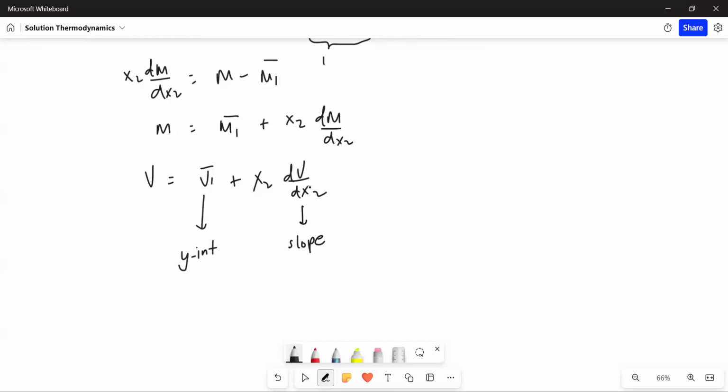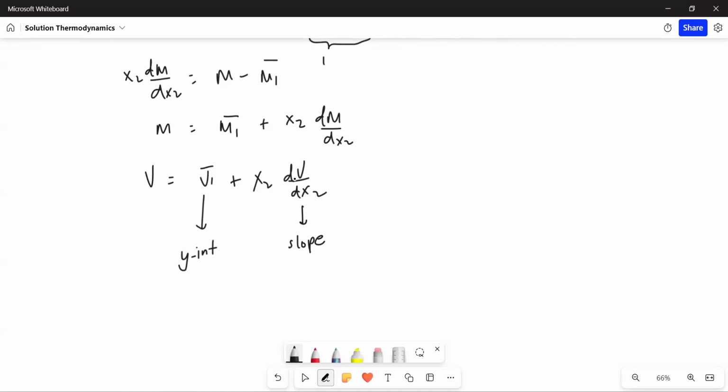In fact, we can use this equation by drawing a tangent line on the curve and taking the value of the y-intercept. If we want to get the partial molar volume, we simply need to get the y-intercept.